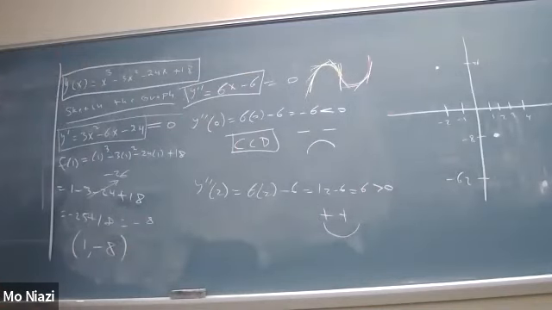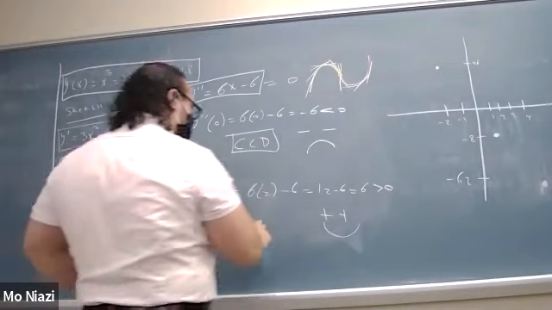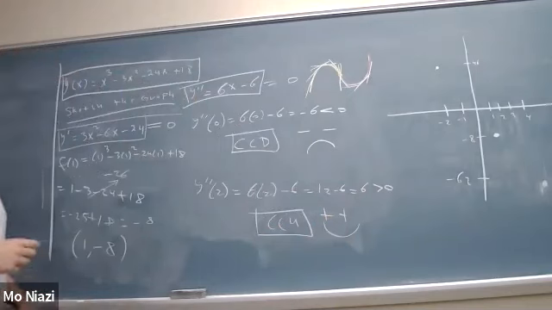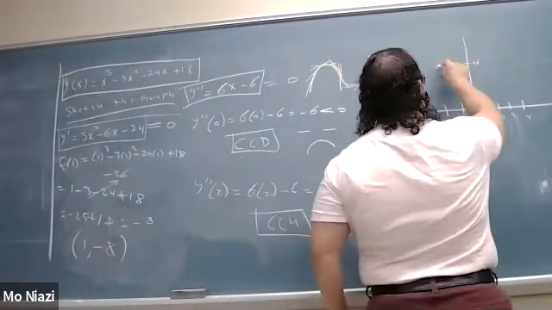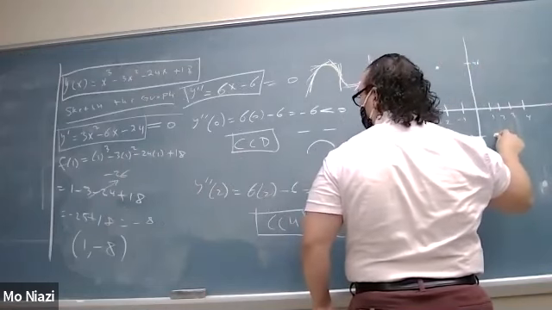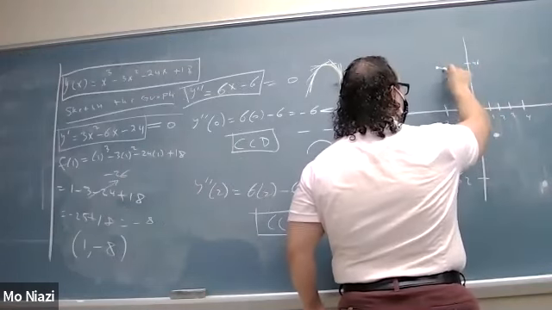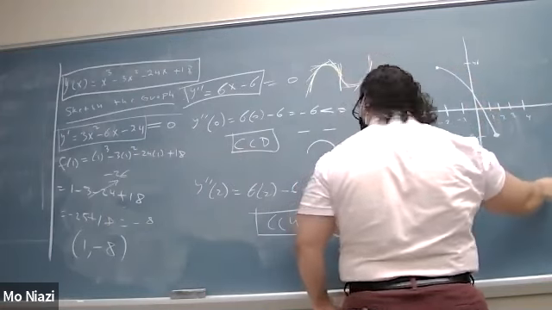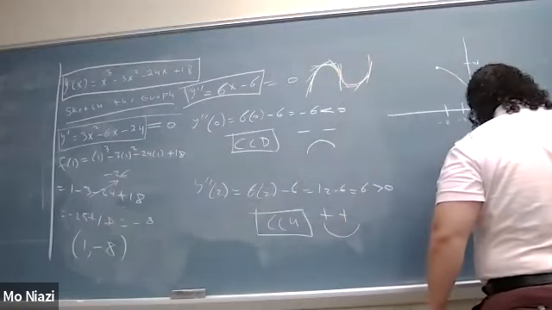Concave up. Very nice. So now I can connect this point to this point utilizing a concave down shape, and this point to this point utilizing a concave up shape.